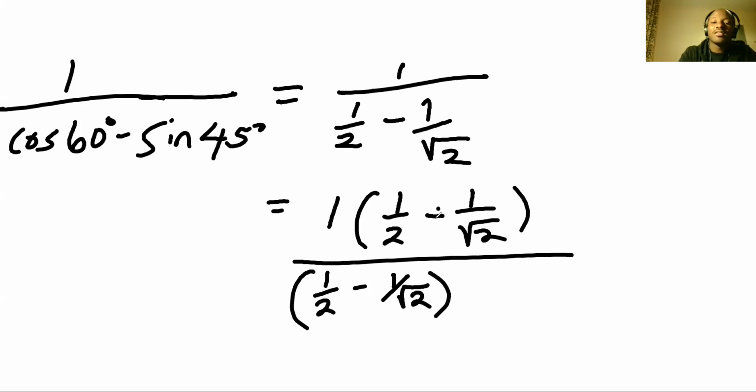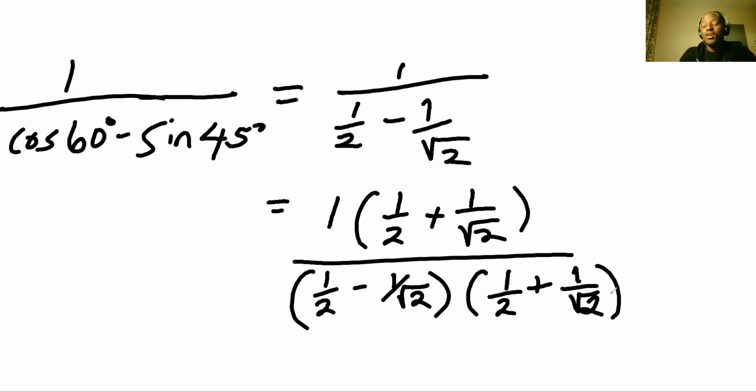Oh, sorry, plus. The conjugate should have the opposite sign: a half plus 1 over root 2. So that's the conjugate. Then this one becomes, I don't want to go to another page, let me just try to squeeze it here.